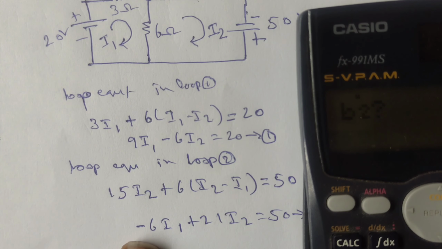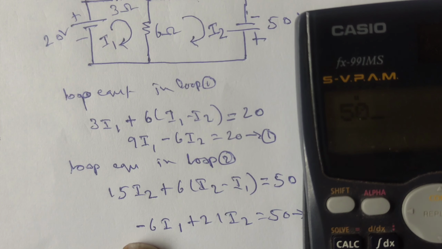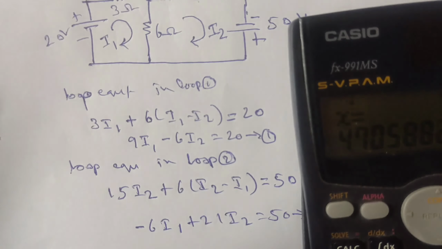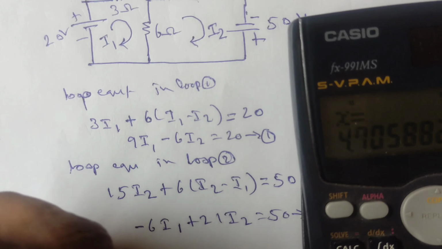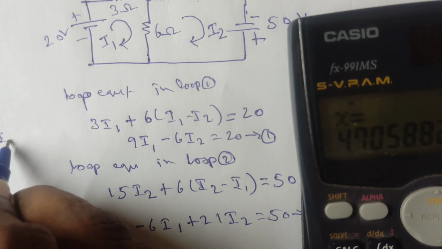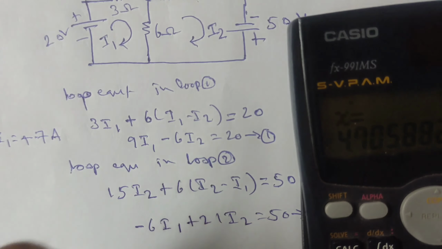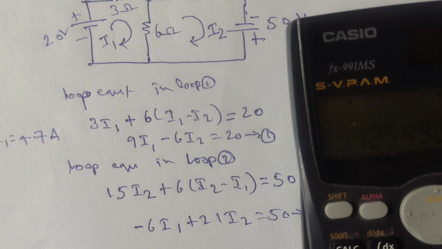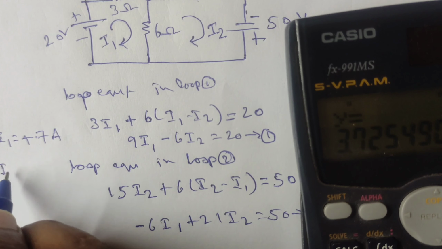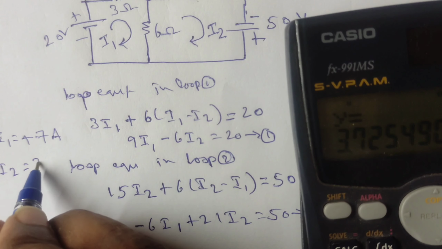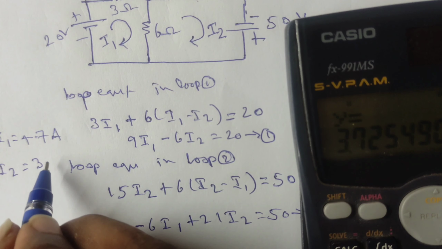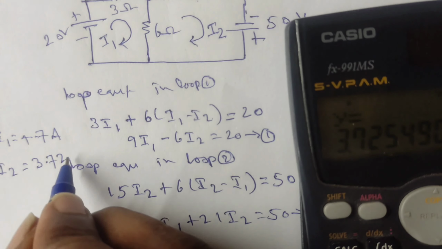If you do so, we will get two unknown values. The first one is the I1 value, which is 4.7 amps, and the second one is the I2 value, which is 3.72 amperes.